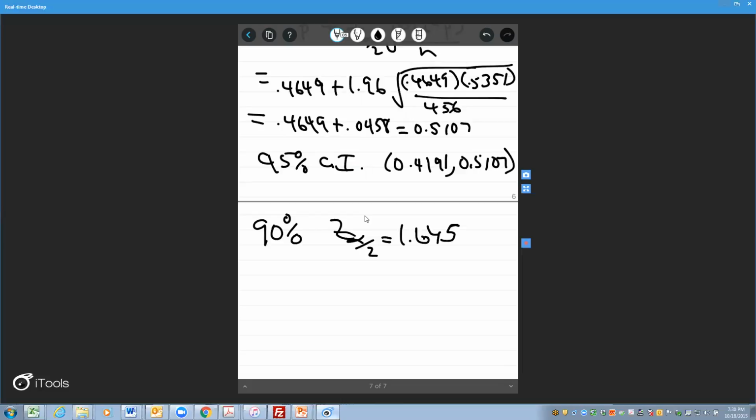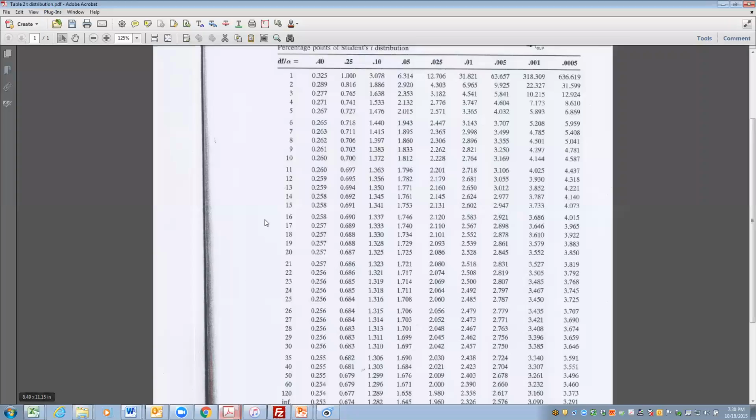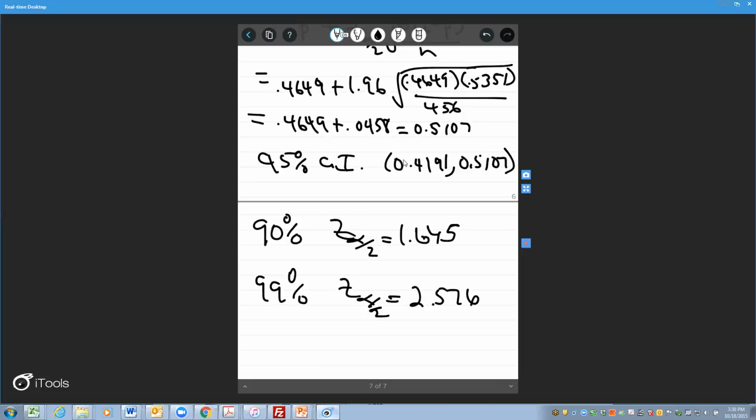If I wanted to do a 99% confidence interval, that would put 0.5% in each tail, so that would use 2.576. The calculations would still be the same. The only difference would be I would replace this 1.96 by the appropriate z value.